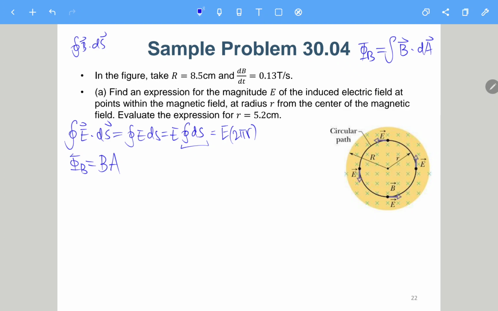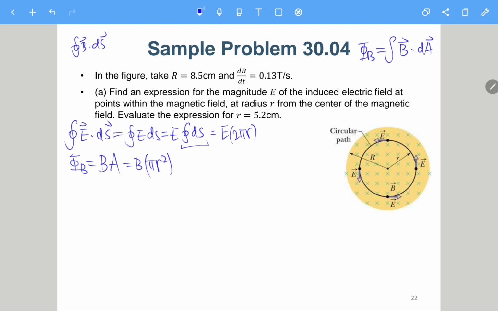But here B and dA are parallel to each other, pointing in the same direction. So it is B times dA, and B is uniform, so it is nothing but B times A. It is B times πr² for a circle area.